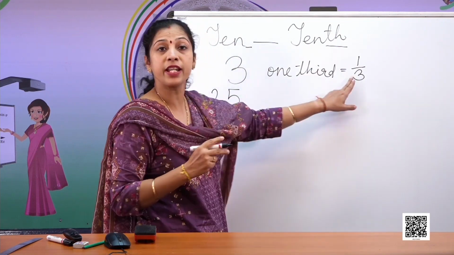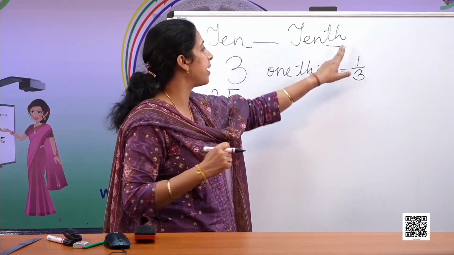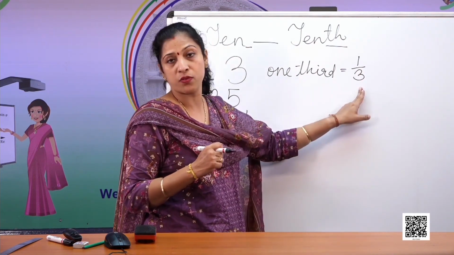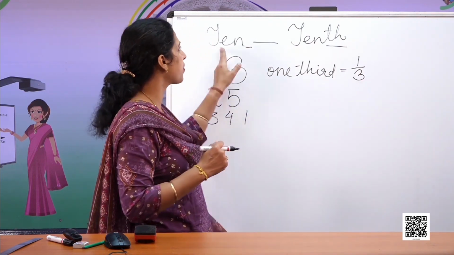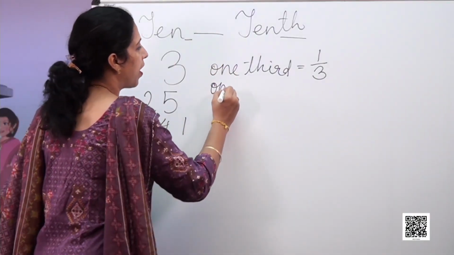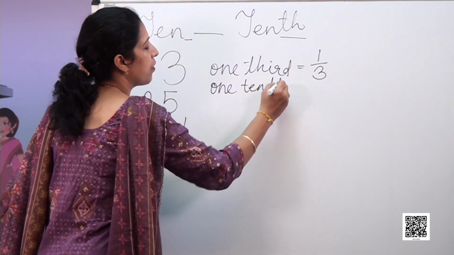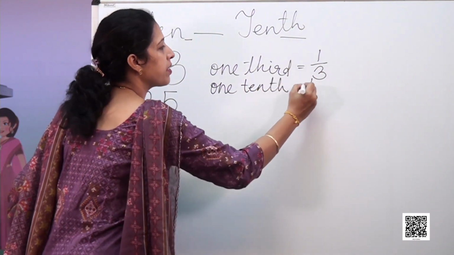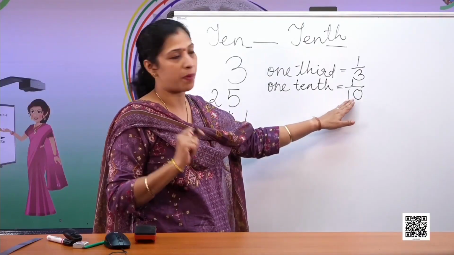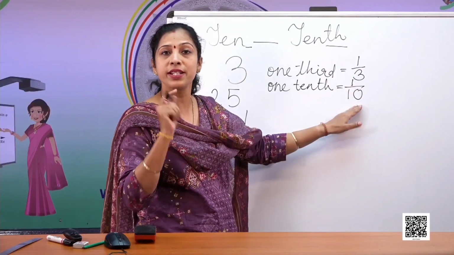This third is nothing but the 3 equal parts, and this 1 is nothing but 1 part out of these 3 equal parts. So if I have to write down 10th, it is nothing but 1/10. So if I am writing 1/10, that means 1 out of 10 equal parts. 1 part out of 10 equal parts.